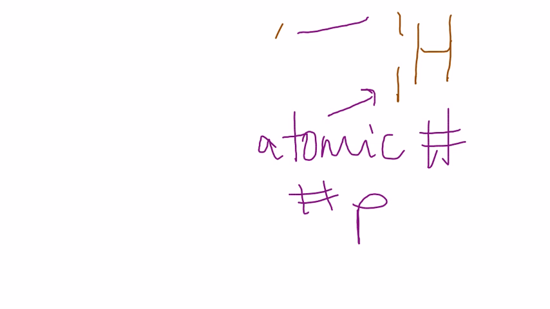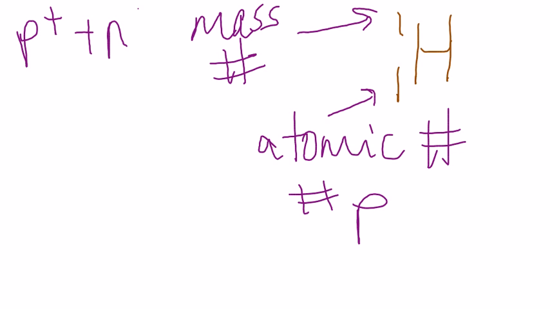And we have here the mass number, which is protons plus neutrons. Well, now we're going to be throwing another thing on here, and it's going to be the charge. So let's look at this very simple hydrogen atom.